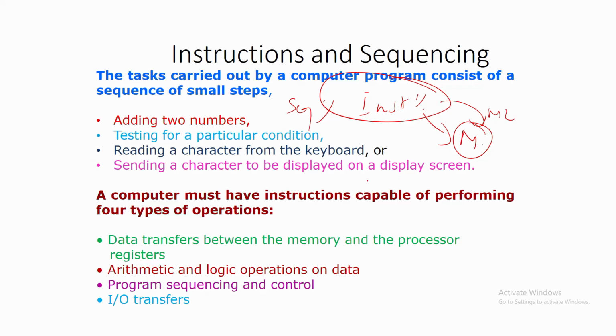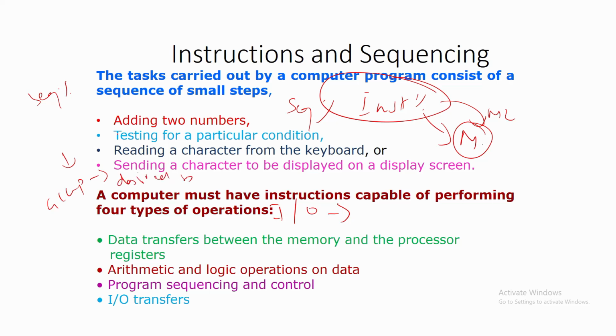These instructions perform arithmetic operations or other operations such as transferring data, performing logical operations, testing conditions, and communicating with IO devices, that is, input and output devices. Normally the processor executes those instructions sequentially in order to accomplish the desired task mentioned.